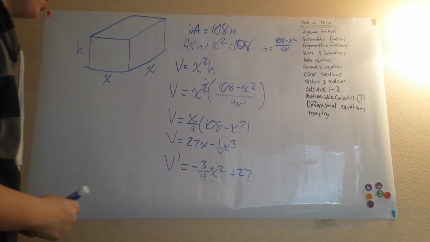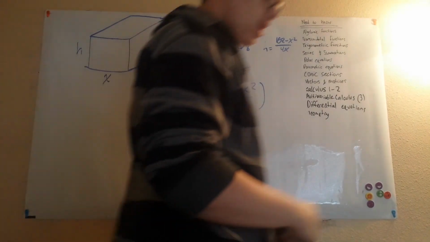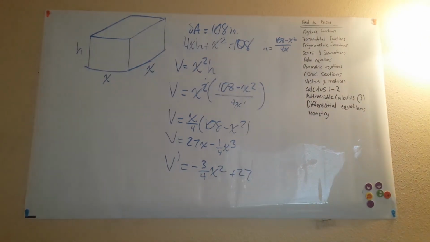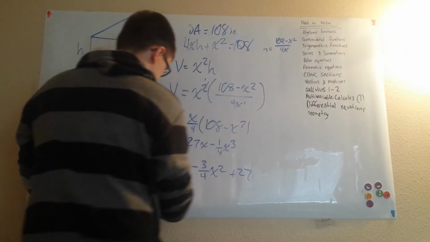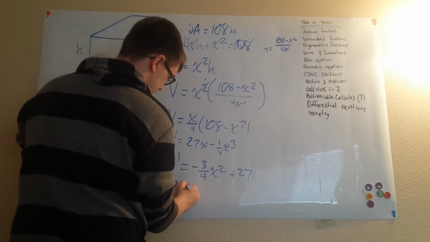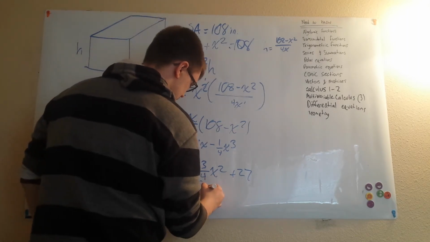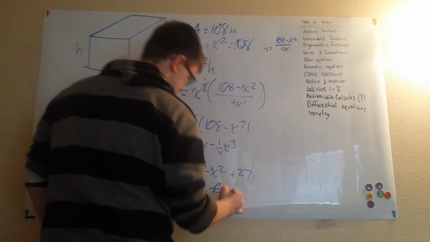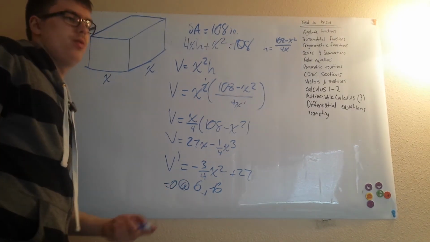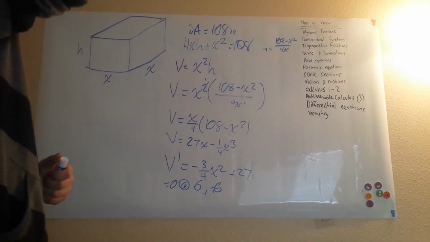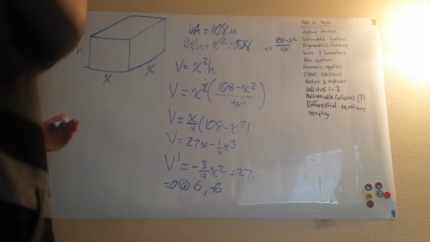We have to find where that equals 0. So that equals 0 at 6 and negative 6. You can solve that on your own, right?